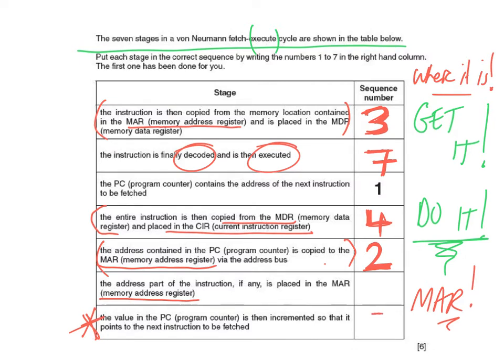So we could say to number 5, that means the next time we carry out this fetch, the next instruction will be fetched. And then this next part is relevant to what we've got. So the instruction that's been fetched, the address part of it is going to be placed into the memory address register.